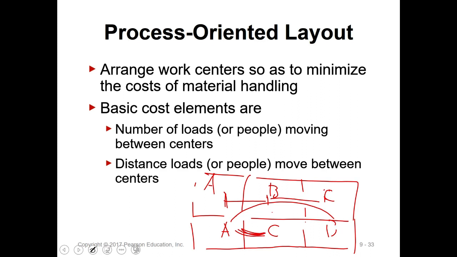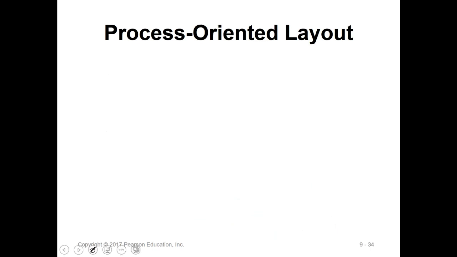It really depends on what the load is. And if your load between A and B is not really heavier than the load between A and C, now we can organize A and C together instead of A, B, C sequentially. So those are the two factors we have to consider.